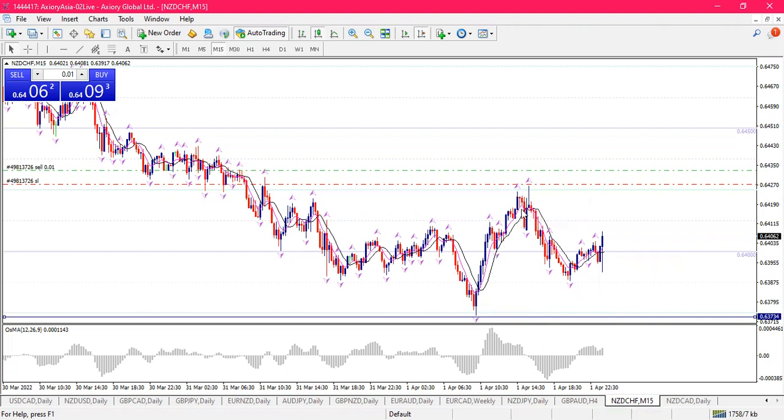Price rejected it nicely and came down, and you can see that price is trading below here. So once you see that price is already trading below the moving average, you can simply take sell positions, put your stop just right above, and follow this move down.